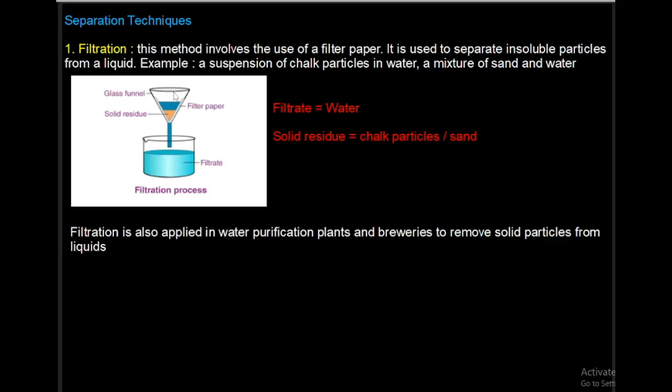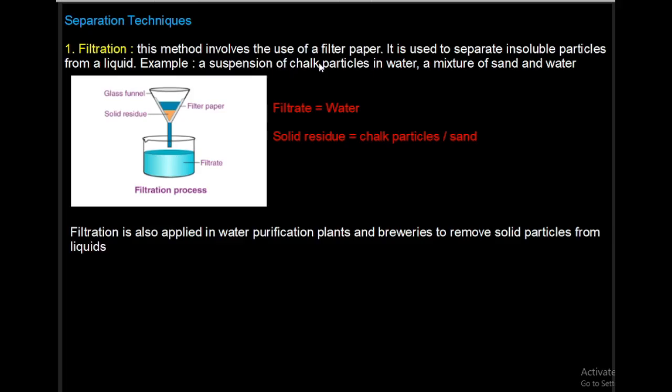So the one that moves through the filter paper into the container is what we call the filtrate, and the one that is trapped in the filter paper is what we call the solid residue. In filtration, we always have a filtrate and a residue.